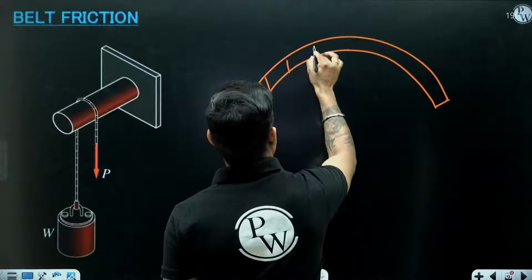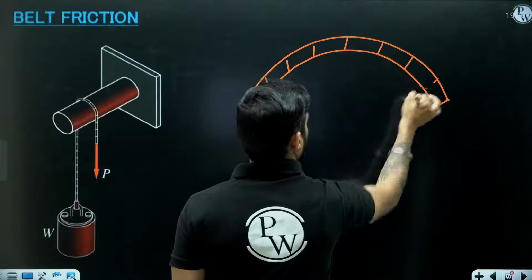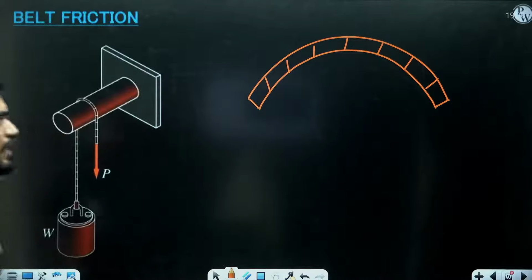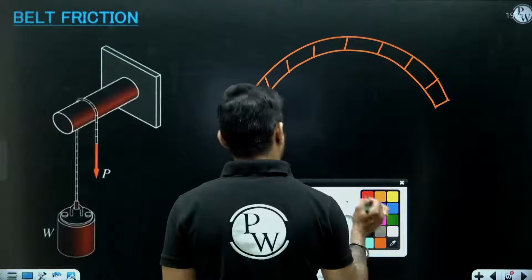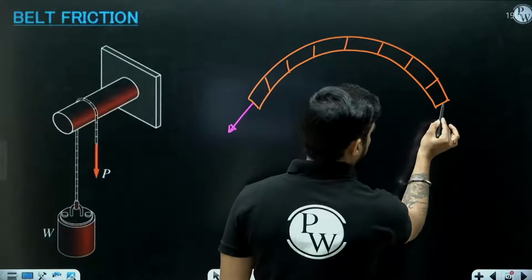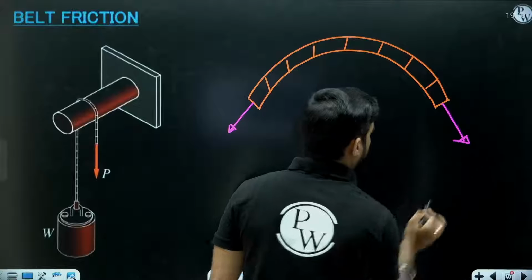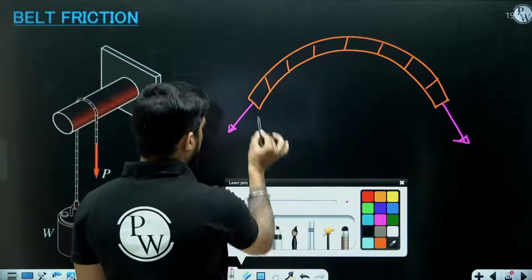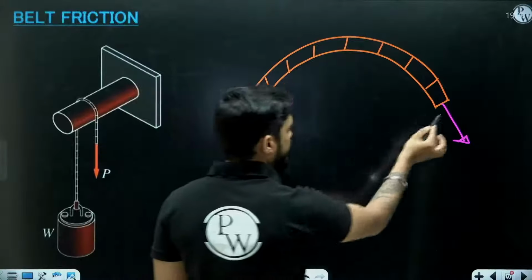Yes, so this is the rope. Now understand this. There is one tension here and there is one tension here. The tension will be perpendicular to this surface.